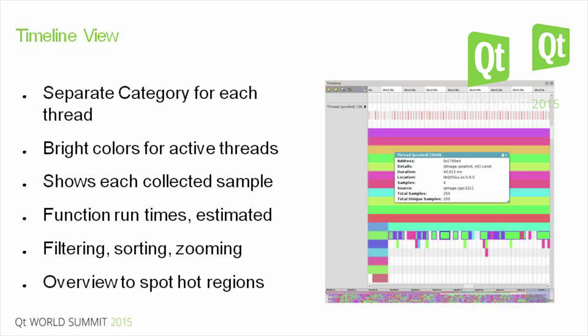And as you're used to from the QML Profiler, if you use that, you can filter, sort and zoom, and you get an overview to spot the hot regions. It shows you the places with a lot of samples in a short time frame as bright colors, and the ones with fewer samples as less bright colors.